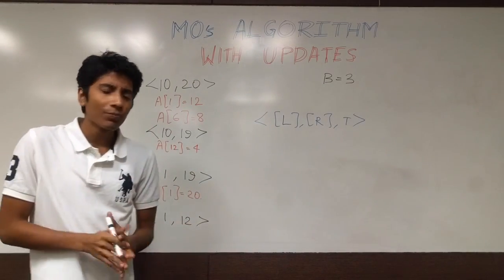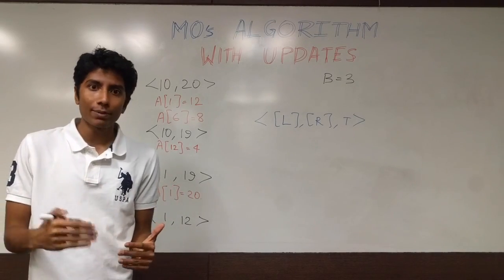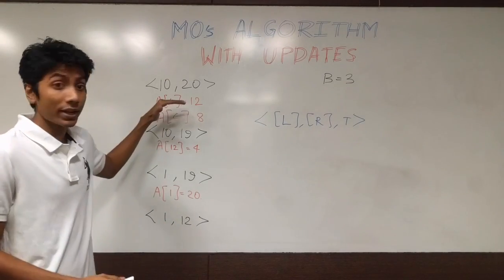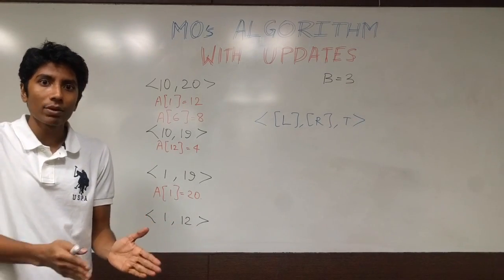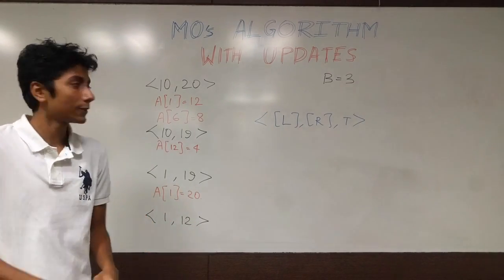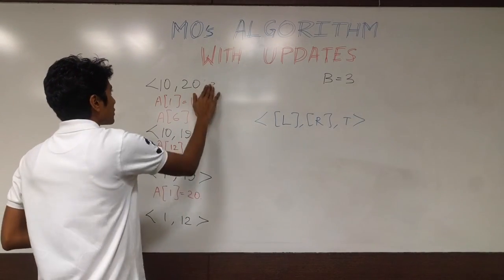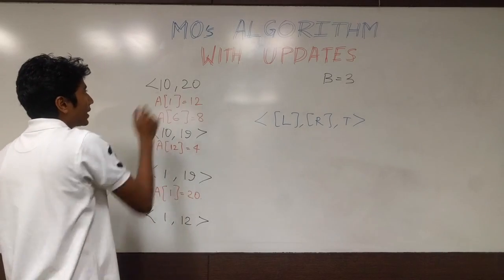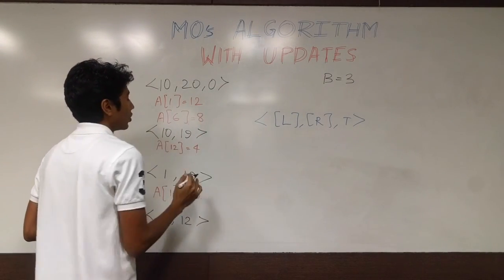So what does time mean? Well, time tells you the number of updates performed up to that point. So if there is a range query, it will have a parameter of time which will tell you how many updates have been performed till that range query was actually asked. So we take the original set of queries. At 10, 20, there were no updates till this point, so that will be 0.